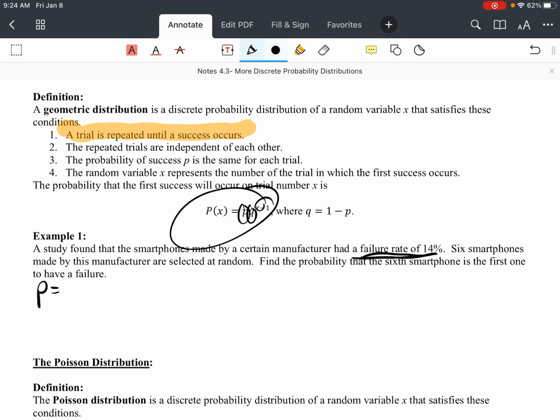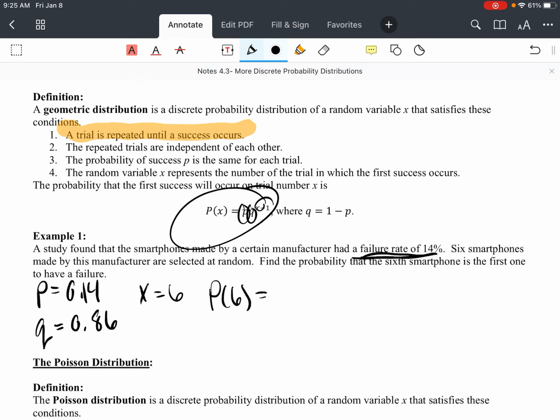P is the probability of success. In this case, it's actually the probability that a phone fails. I know that's really confusing, but the success here is a failure of a phone. So p is 0.14, q is about 0.86, and x is the 6th phone, so x is equal to 6.